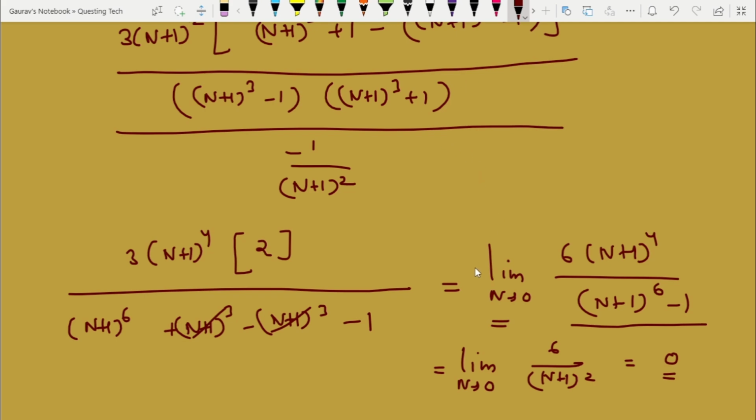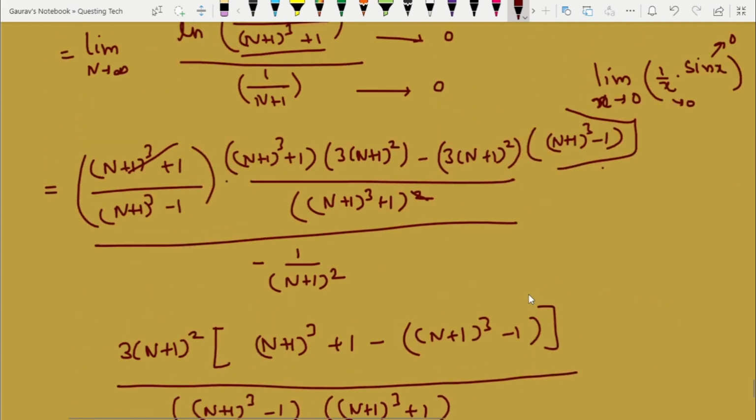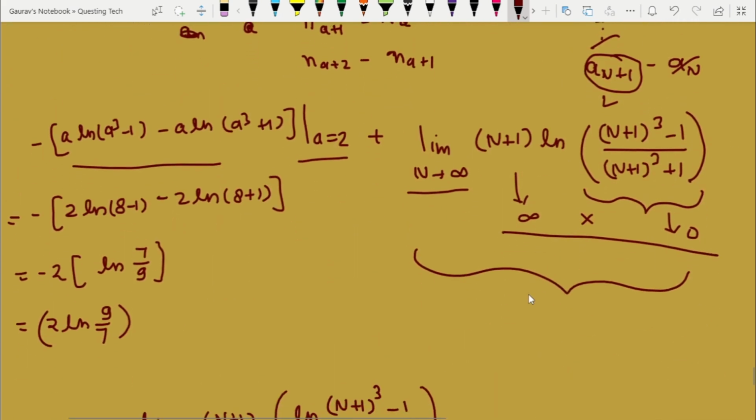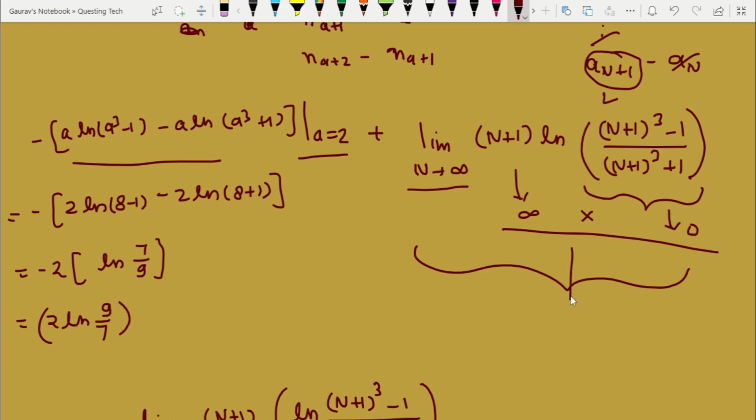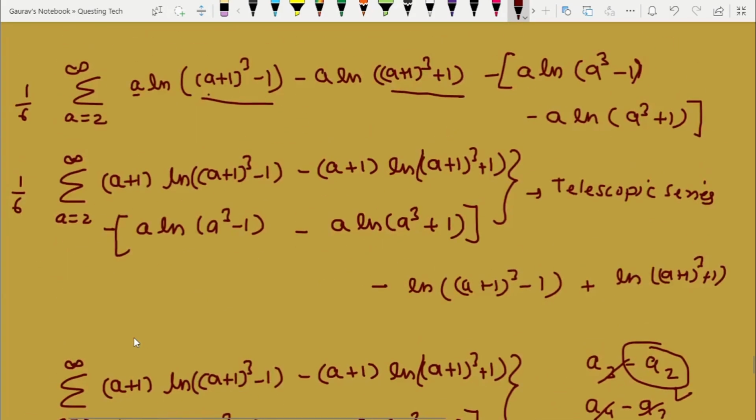So this number is 0. So we have got to know that this multiplication is 0 and this is 2 ln 9 by 7. Now come back to the starting part.